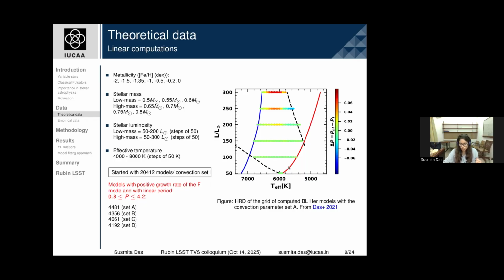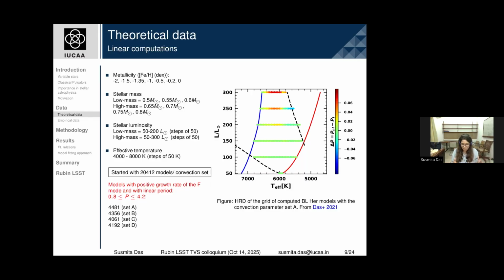For that, what we do is we check what is the growth rate of the fundamental mode. Now here, I missed telling one thing, that BL Herculis stars are observed to be pulsating mostly in the fundamental mode. There have only been 2 first overtone BL Herculis stars observed so far.